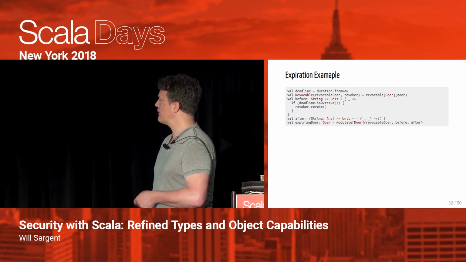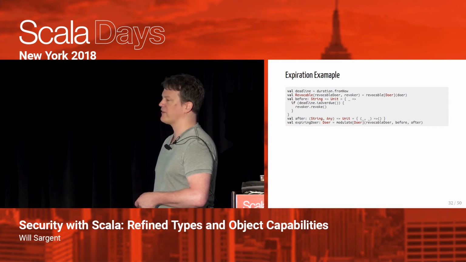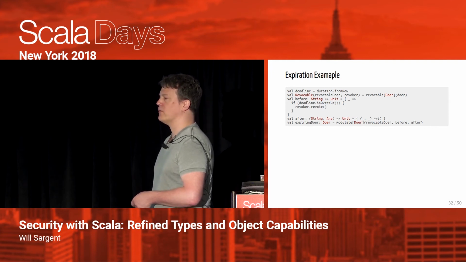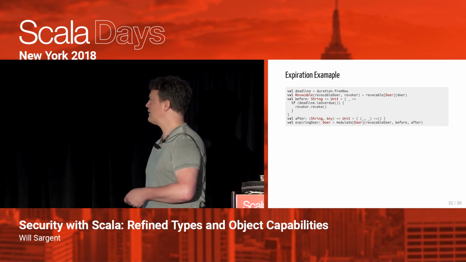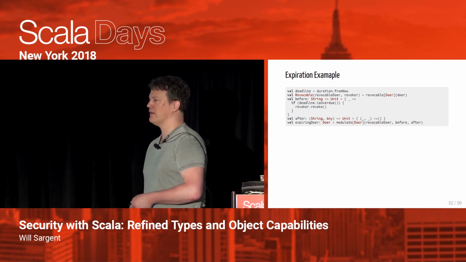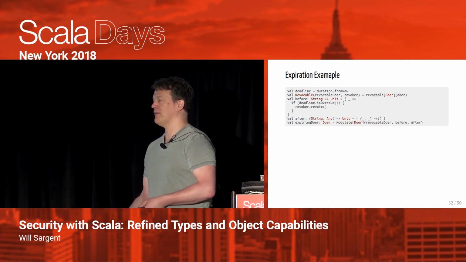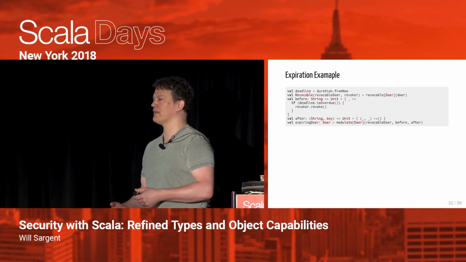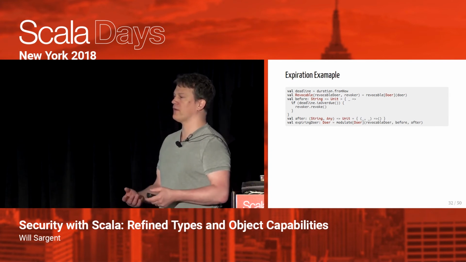This is a doer, and before we call any particular method on this doer, we check to see if the deadline's overdue, and if it is, we just revoke it. So when you're handed this expiring doer, there's no way around it. If you are handed this thing and it's past the deadline, you're done. You have to ask for another one.